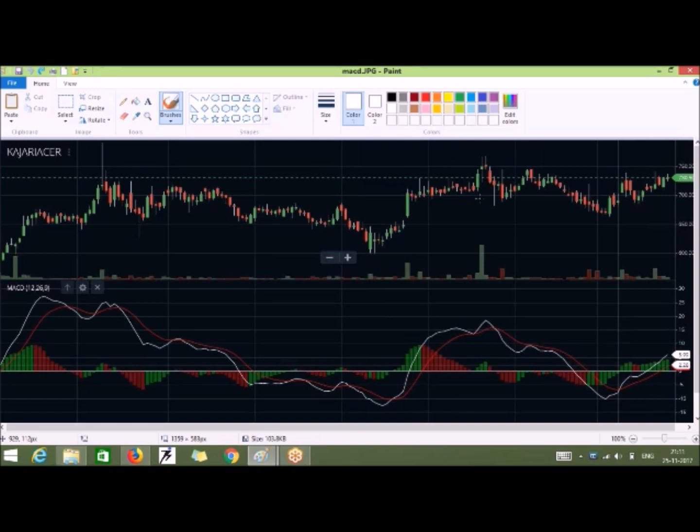And the second one is the bearish signal line crossover. When MACD crosses below the signal line from above, again a bearish signal here, it's a sell. At this point it suggested a sell, but see what might have happened in this case.